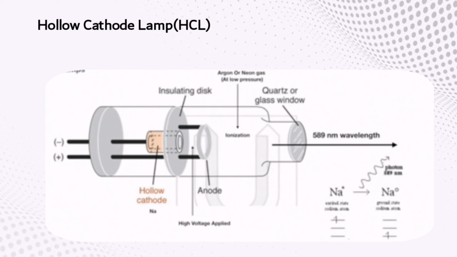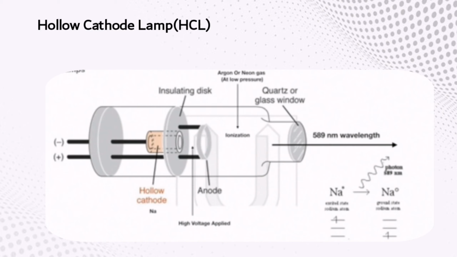Here, this extra energy is released, but every atom can emit or absorb energy only of a specific wavelength. For example, sodium can absorb or emit radiation of 589 nanometer wavelength only. So if a sodium atom cloud is formed inside the tube, sodium atoms going from high energy state to low energy state or ground state release 589 nanometer wavelength radiation.